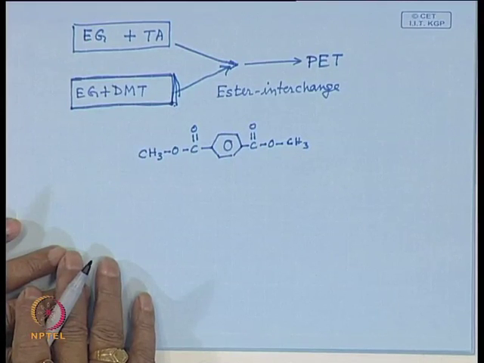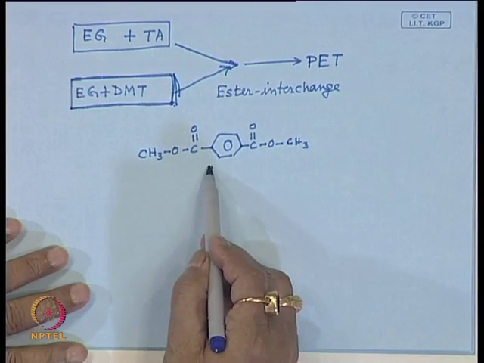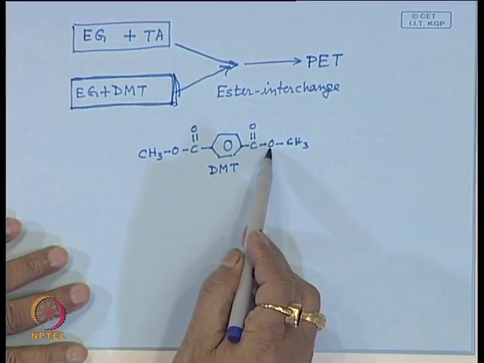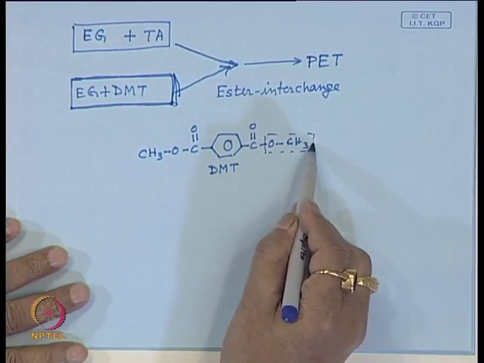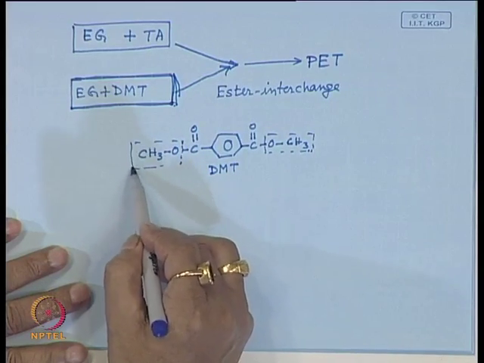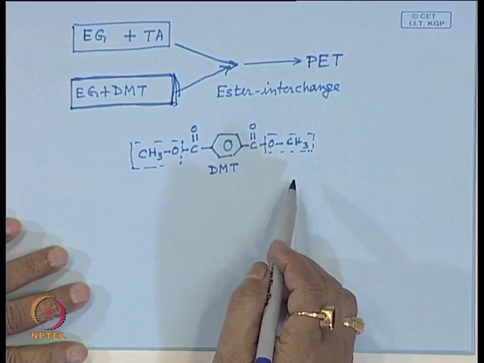In this DMT, dimethyl terephthalate, this is the ester group and this part is the alcohol part. These are the two alcohol sides.